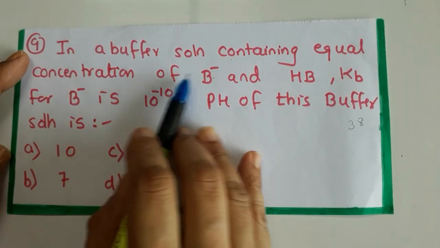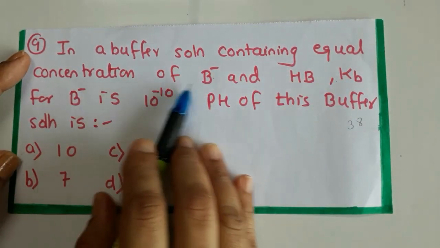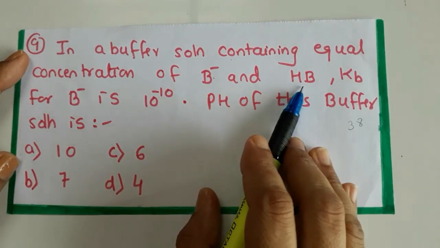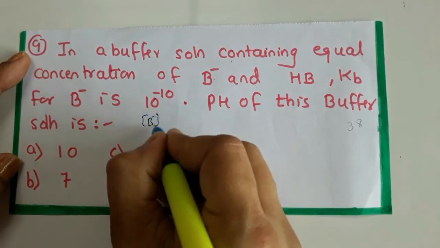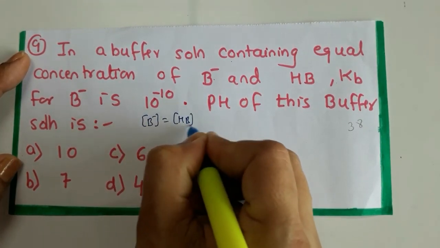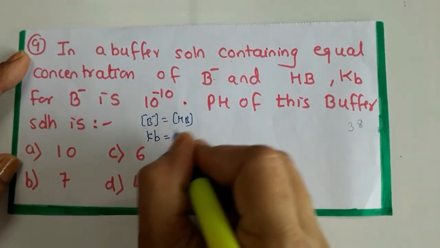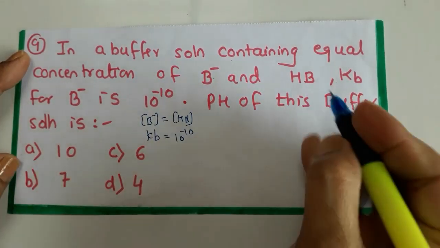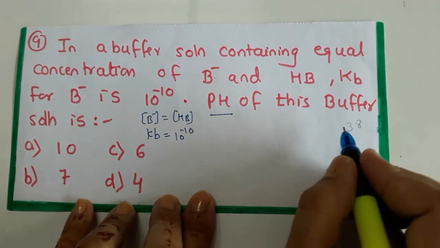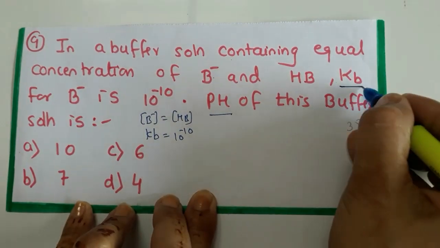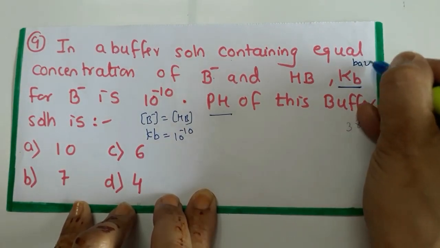Now, in a buffer solution containing equal concentration of B minus and HB, students, you have to remember that the concentration of B minus is equal to HB. Kb they have given, it is 10 raised to minus 10, and they are asking pH. Because the value of Kb is given, it means it is a base.